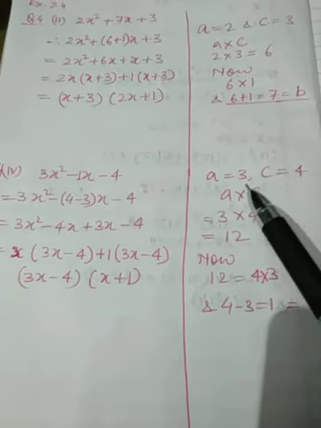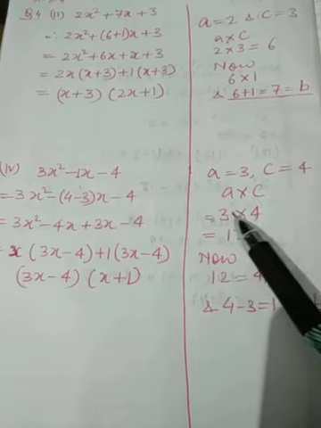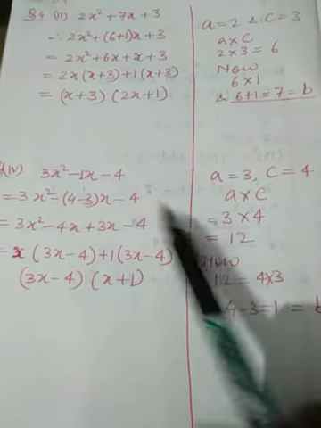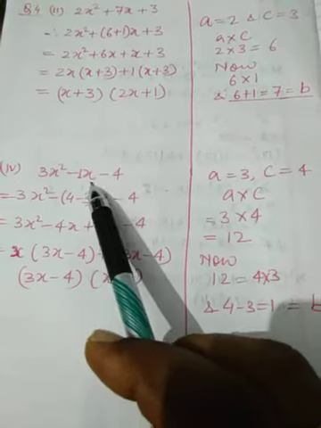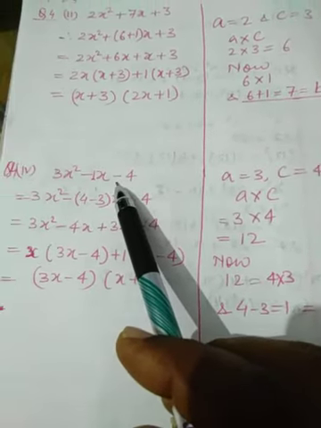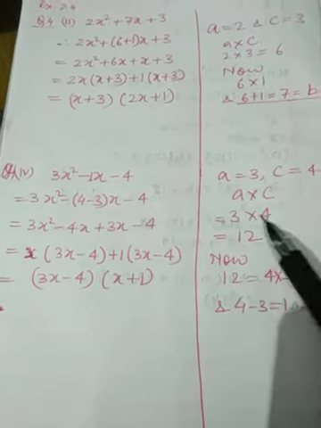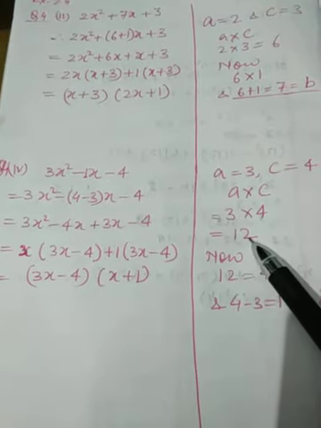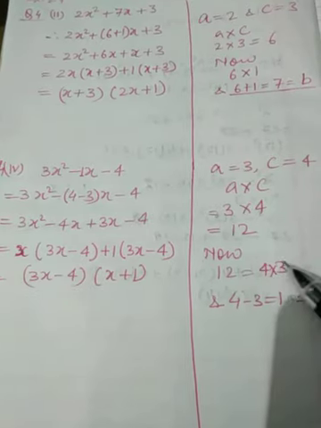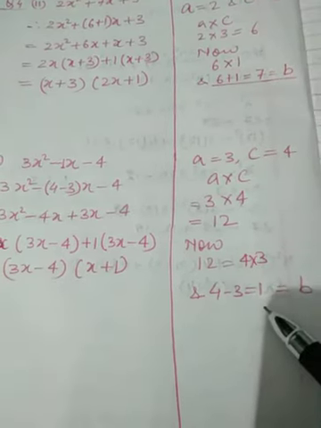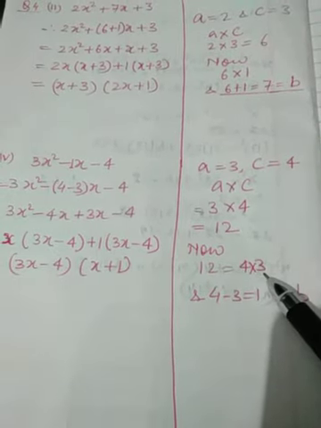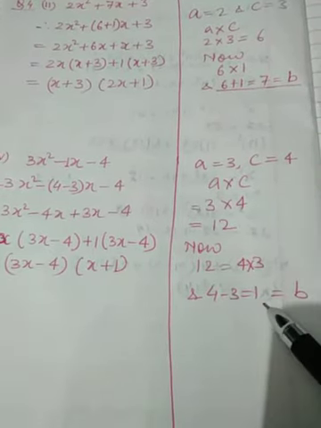As I told, we have to find a into c. This is 3 into 4, it is 12. Just see, the coefficient of x is 1, that is b, and the sign of the constant term is minus. So you have to find the factors of 12 such that their product is equal to 12 and their difference is equal to 1, that is b, right?